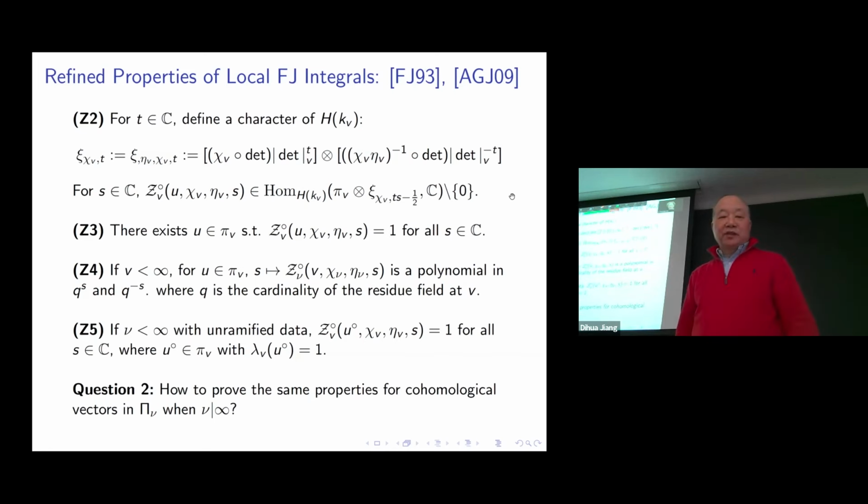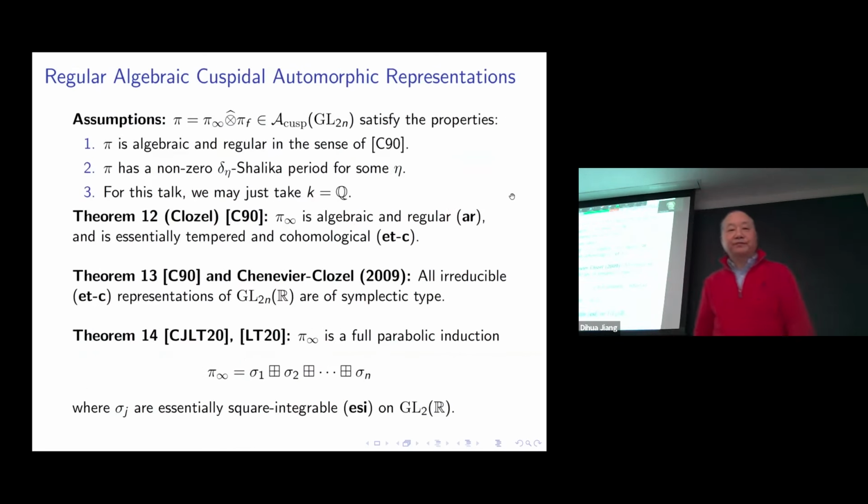But for arithmetic application, the question is you have to pick this vector u that has something to do with the cohomological vector. That's really the test. In order to get the arithmetic application, you need to dig very deeply to do this technically.